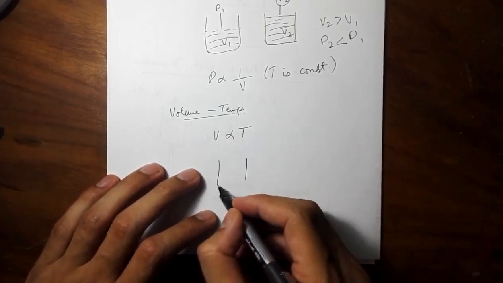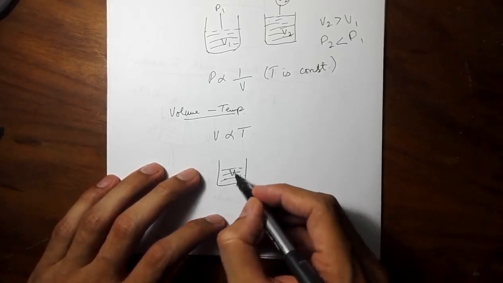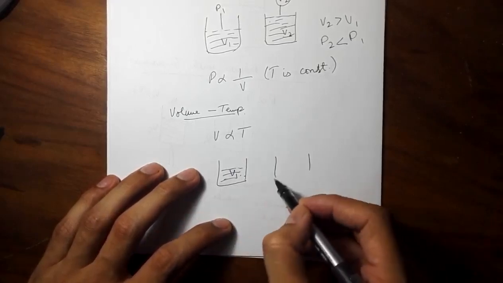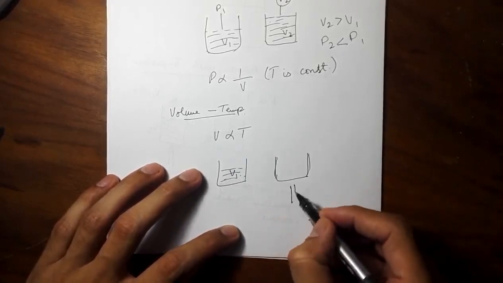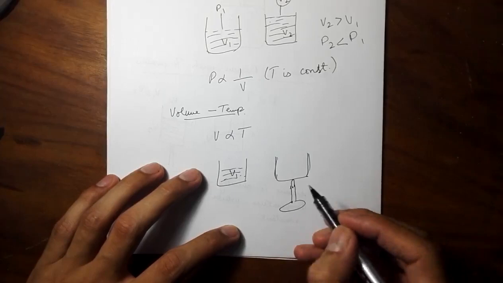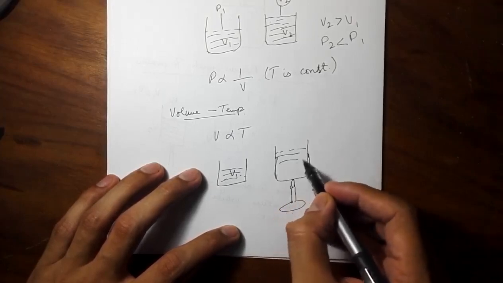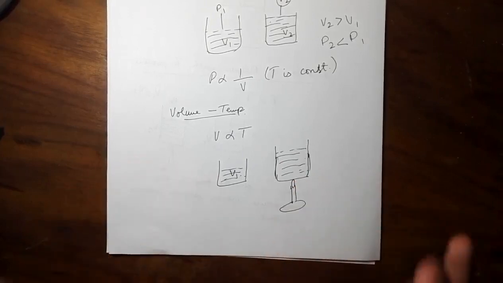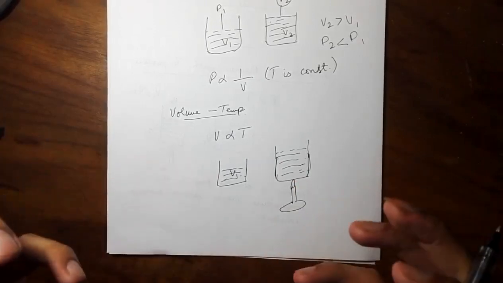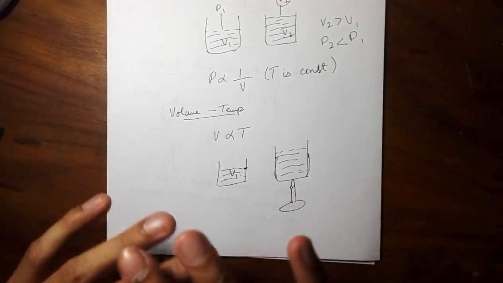Let's suppose there is a container and there are our gas molecules, they have volume V1. In the second stage, you increase the temperature by placing a Bunsen burner over here, then the volume of the gas will increase. Here the collision of gas molecules with the walls of the container remains constant.